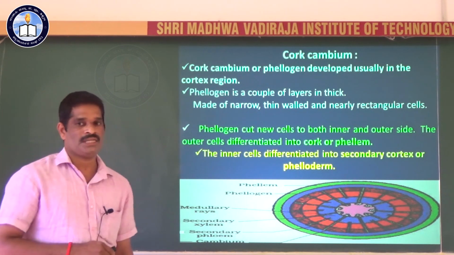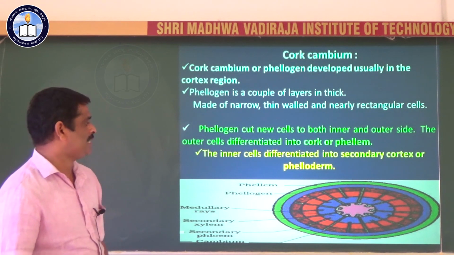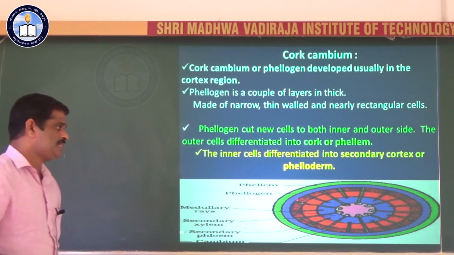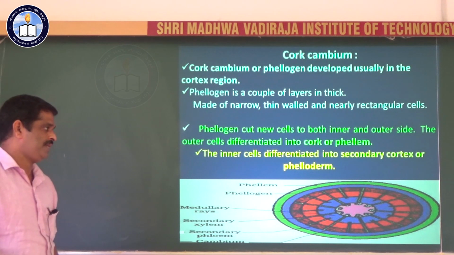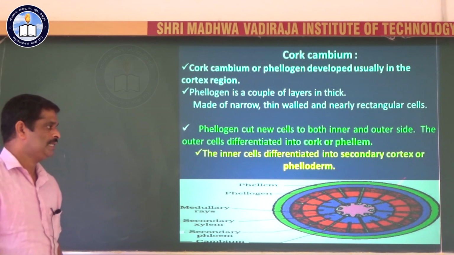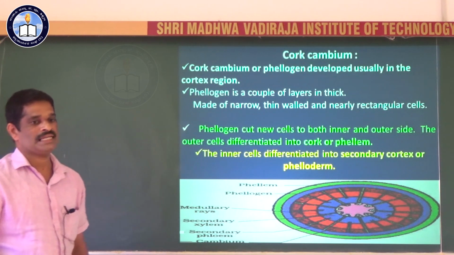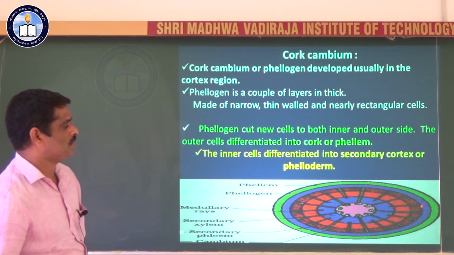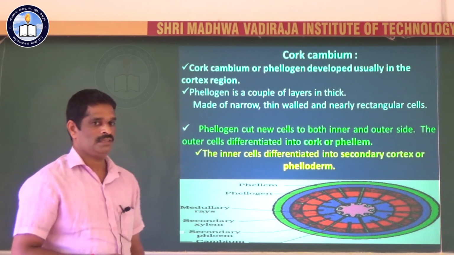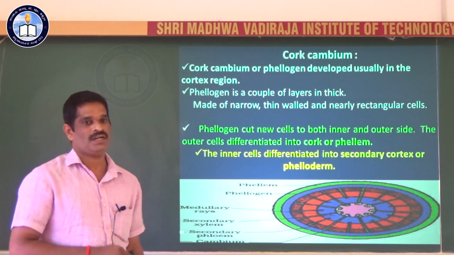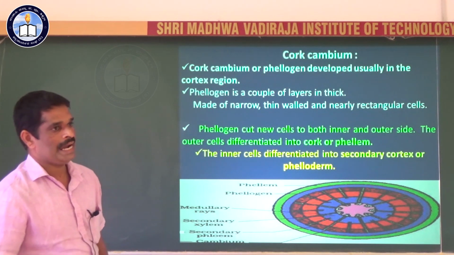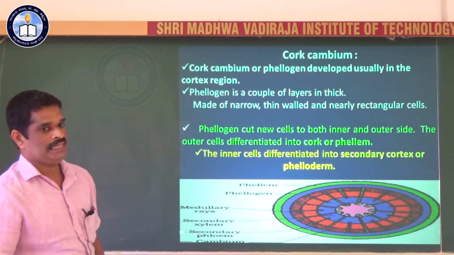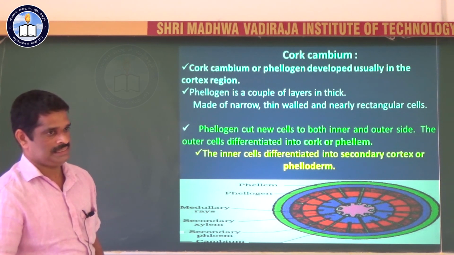This phellogen cuts off cells on the inner side as well as on the outer side. The cells produced by the cork cambium on the inner side develop into the secondary cortex, in other words called phelloderm. Whereas the cells produced on the outer side become dead because of the deposition of suberin and form the layer of cork cells.